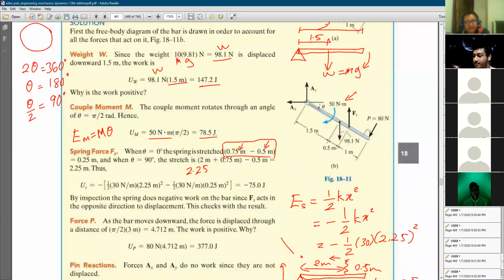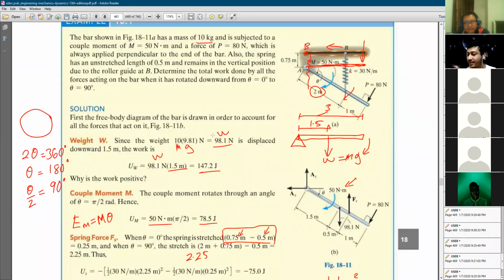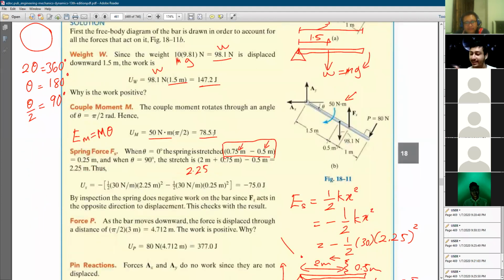Why is it like that? Doctor, the main equation was something like half k s2 squared minus half k s1 squared. Yeah. You know, this one, here we have 2.25. Where does this come from actually? If the spring is stretched, Doctor, it should be 0.5.